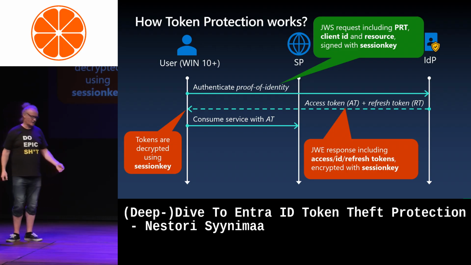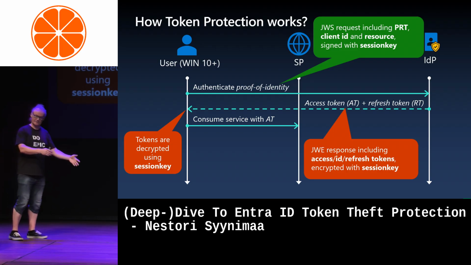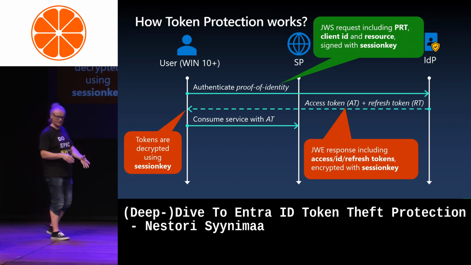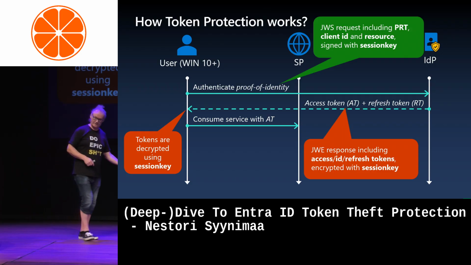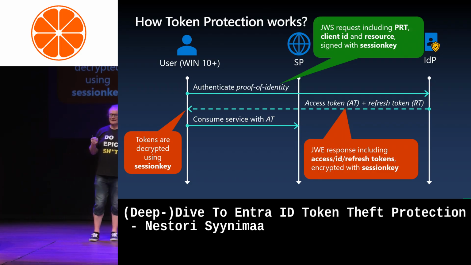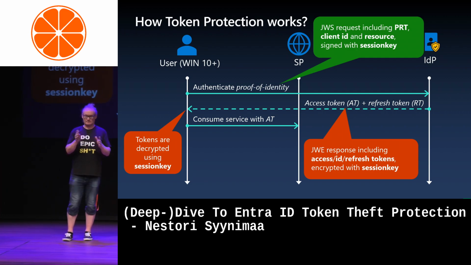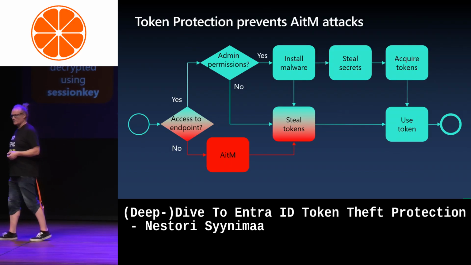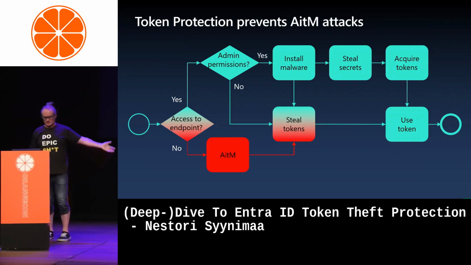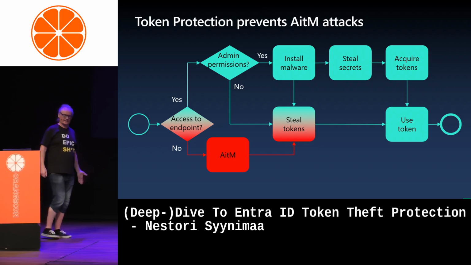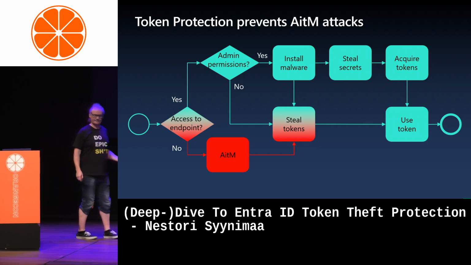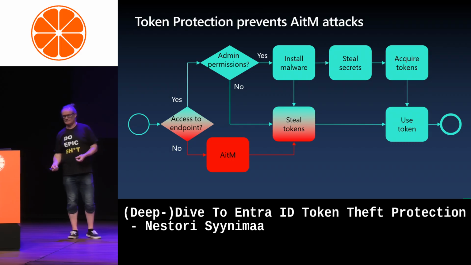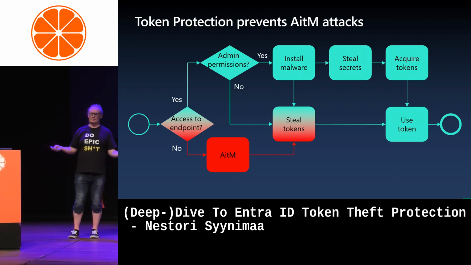So this means that you are still open to malware. If malware is installed in your endpoint, even though you are using token protection, the threat actor can access those tokens in memory or in the browser. So again, what token protection does is prevent adversary-in-the-middle attacks. Well, it doesn't prevent the attacks, but the threat actor can't do anything with those tokens because they can't decrypt them. Okay? Doesn't make any sense.